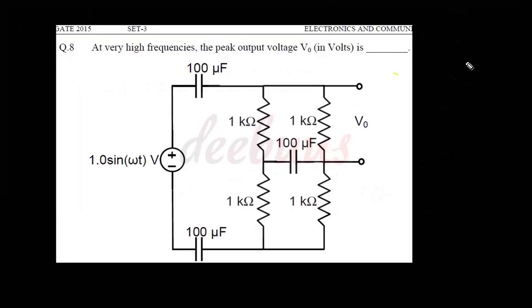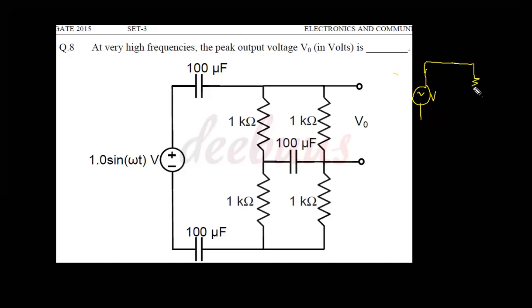Now moving to the next question, at very high frequencies the peak output voltage V0 is? At very high frequencies the capacitor behaves as a short circuit. So I can draw the equivalent circuit. It is 1 sin omega t volt, next the capacitor is short circuited.